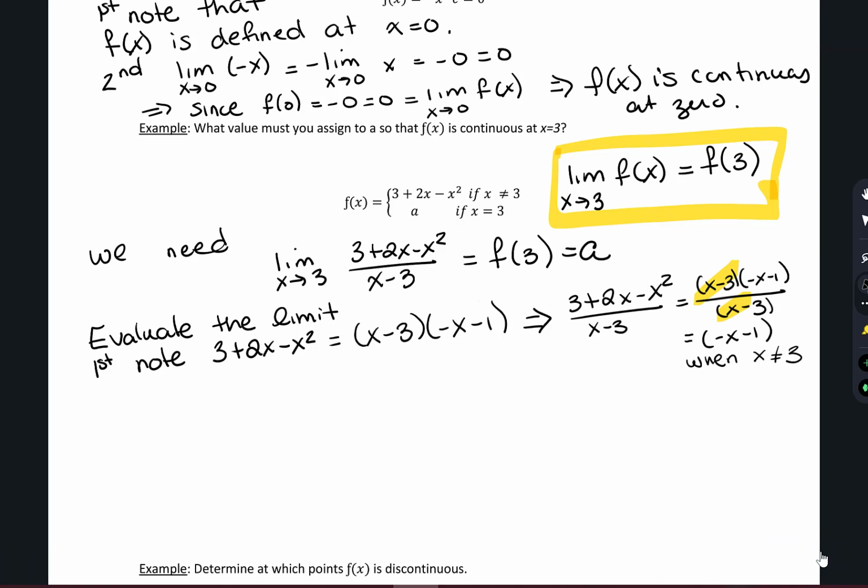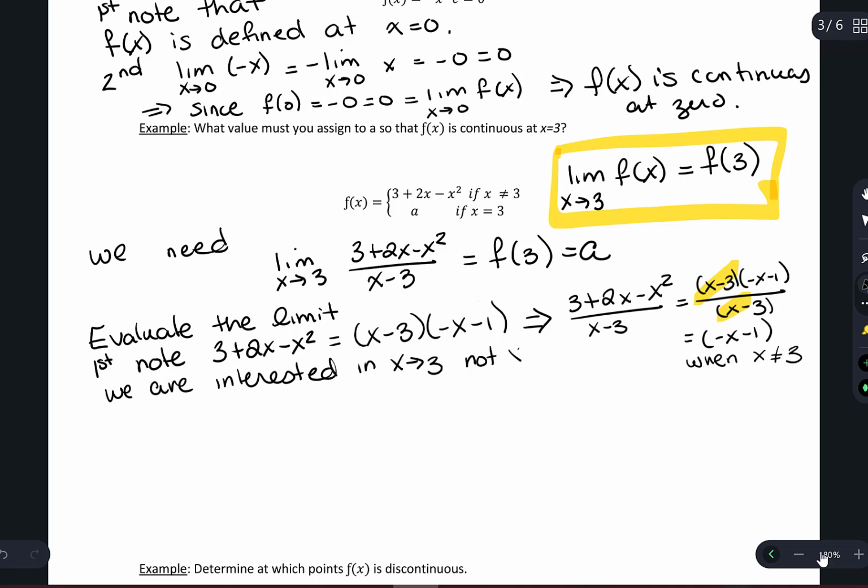Because if x were equal to 3, we'd have 0 in the denominator, so we couldn't make that cancellation. So this is only true when x is not equal to 3. But that's fine because we're evaluating the limit here. Again, we are interested in x as it approaches 3, not x equal to 3.